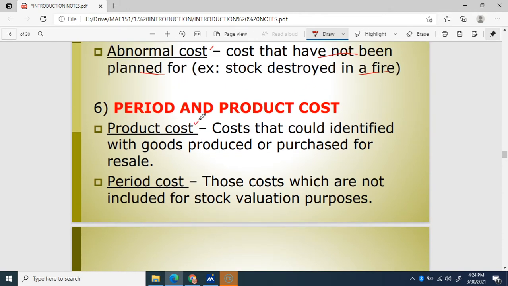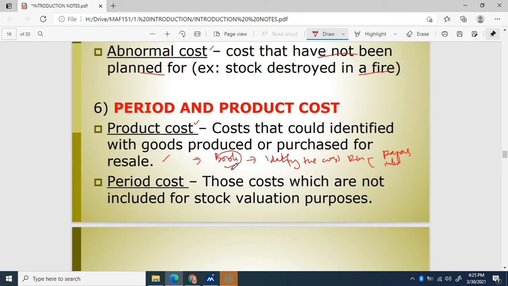The first one is product cost. That means cost that could be identified with goods produced or purchased for resale. For example, when you produce books, you can identify the cost of raw material, papers, inks.